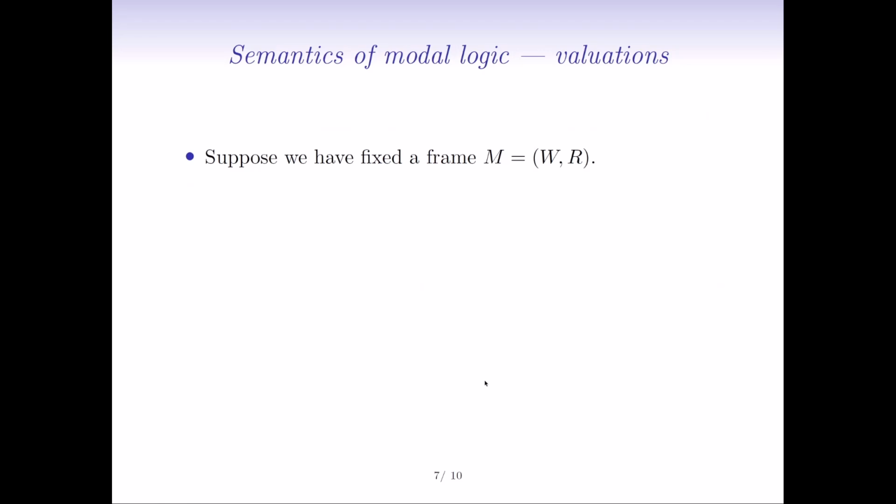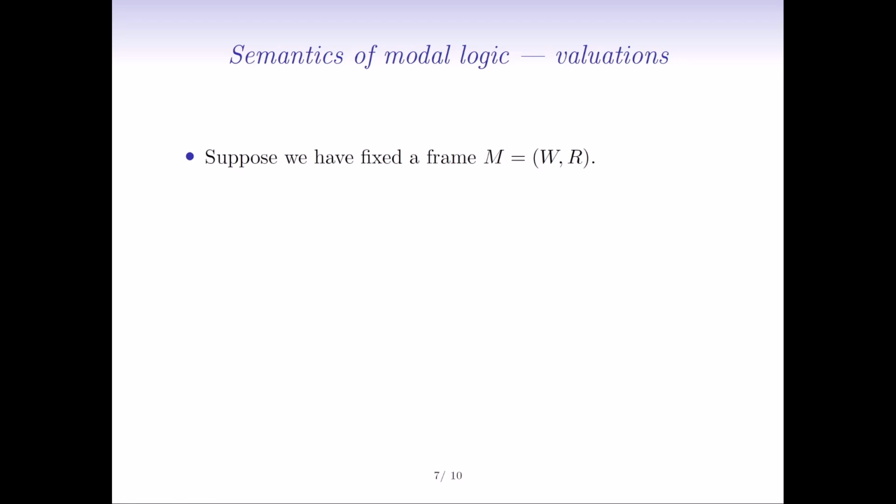So that's our set of possible worlds. And then we have the idea of how we assign a truth value to propositional formulas. Well, the idea is really that in modal logic, whether or not a proposition is true depends on which possible world you're in.